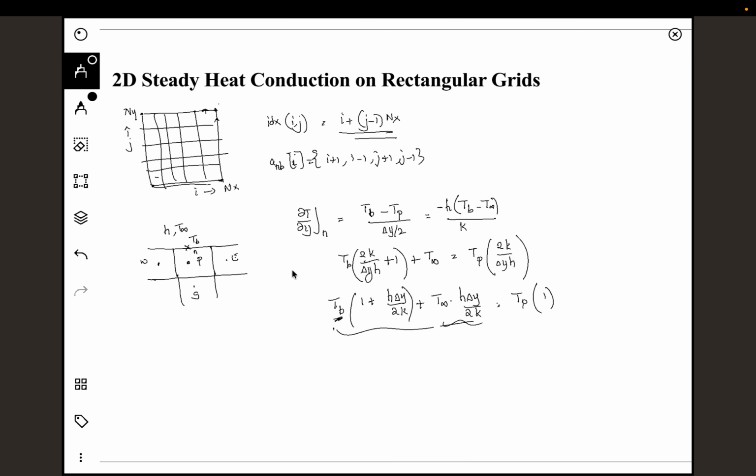But the problem is we do not know the value of Tp. Because it is a mixed condition, we do not know the value of Tp. This is basically the unknown that we are solving for. So this will be the term that will go into my AP, this will be the term that will go into my B, and this will be the term that will go into my AW, the corresponding coefficient.